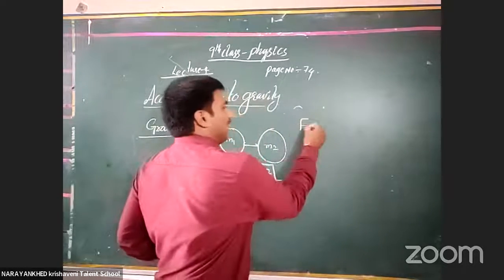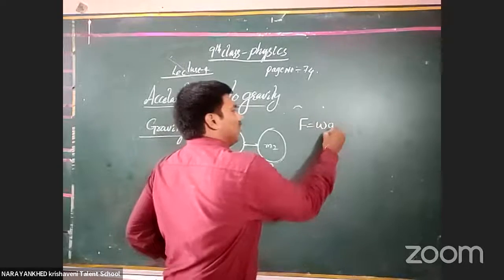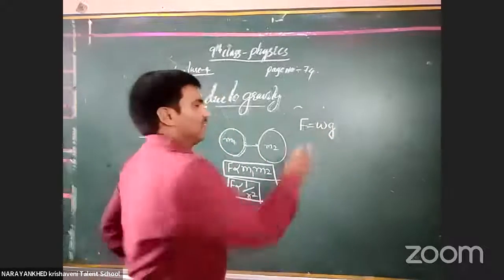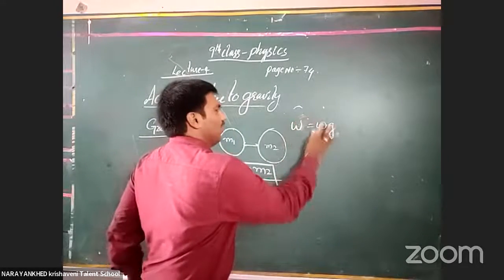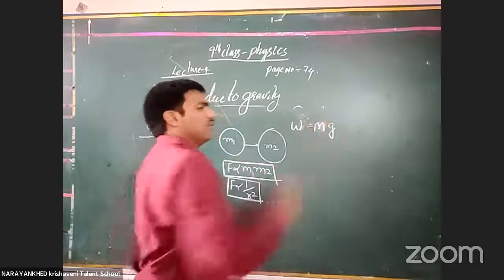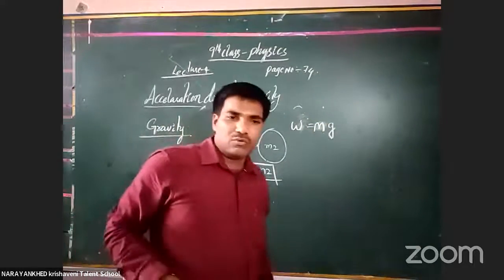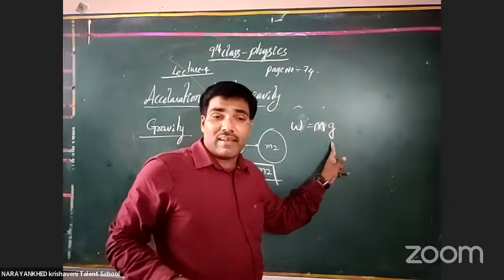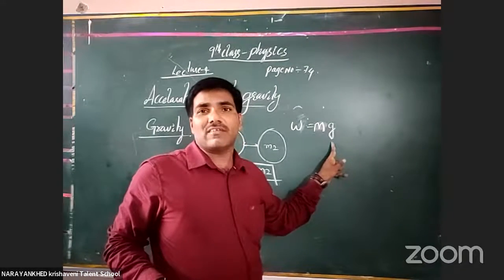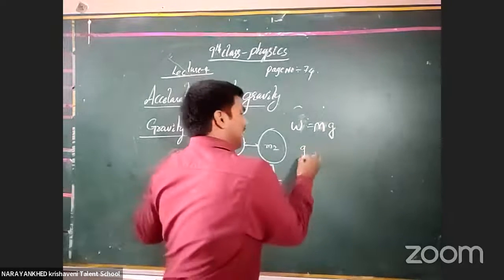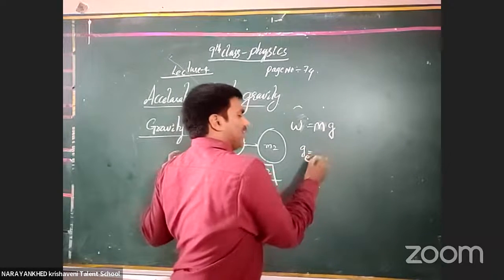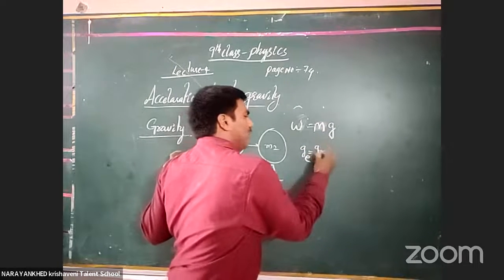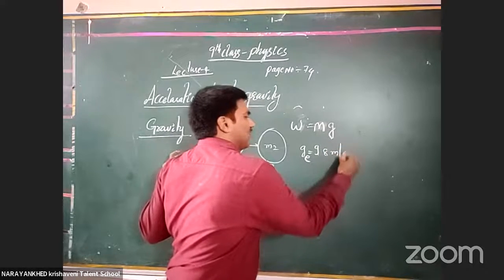What is the formula of weight? W is equal to mg. Here mass is a constant. What changes? Acceleration due to gravity changes. Suppose you take it on Earth, g is 9.8 meters per second square.